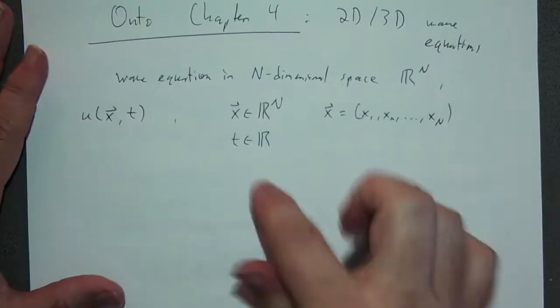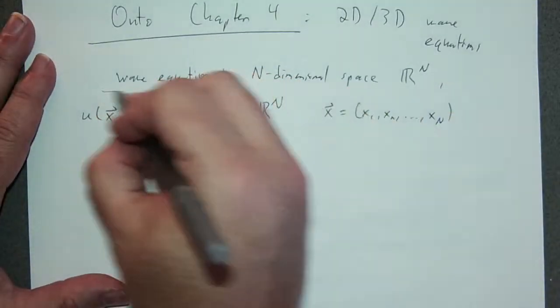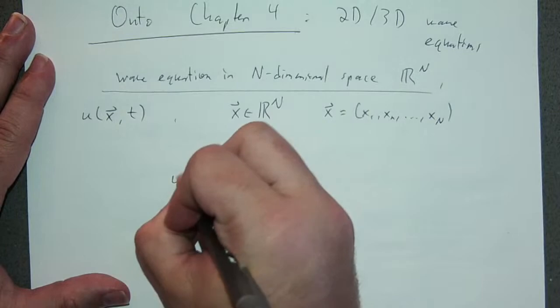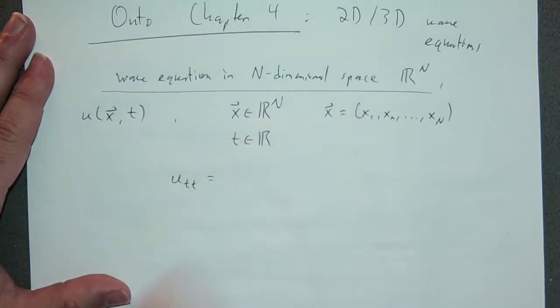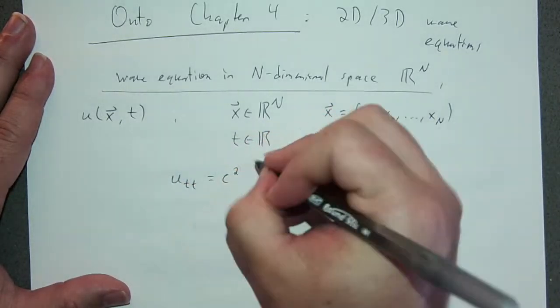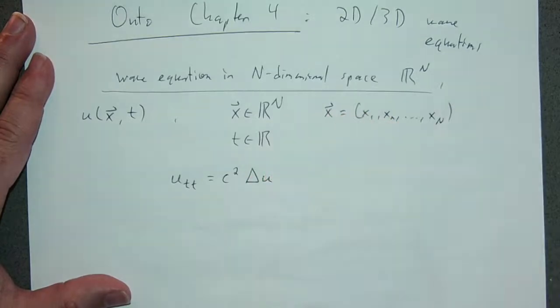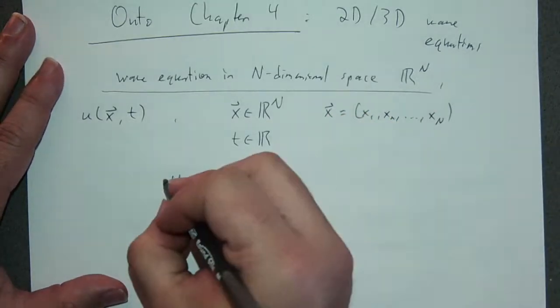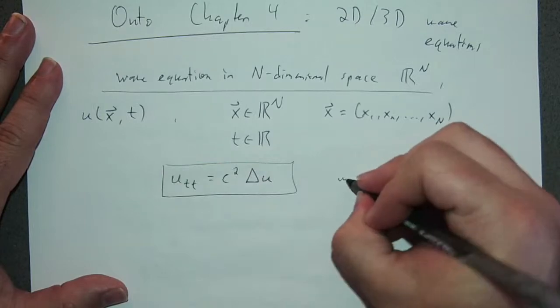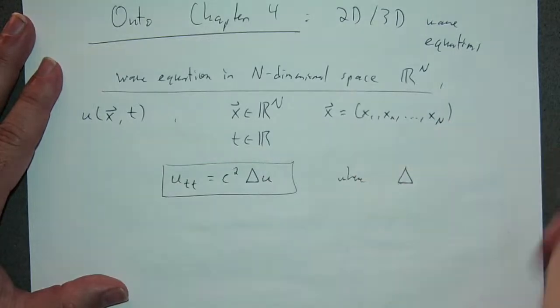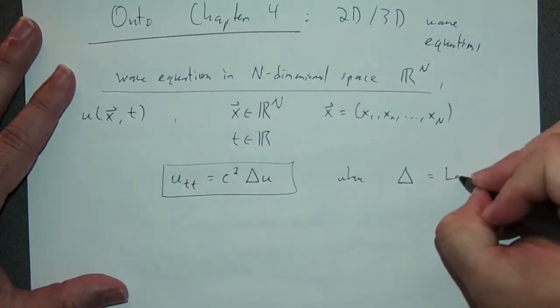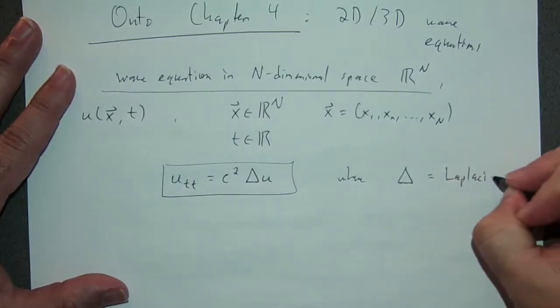What is the wave equation in n-dimensional space? It is u_tt = c^2 times the Laplacian of u, where this is the Laplacian, as I've mentioned before.